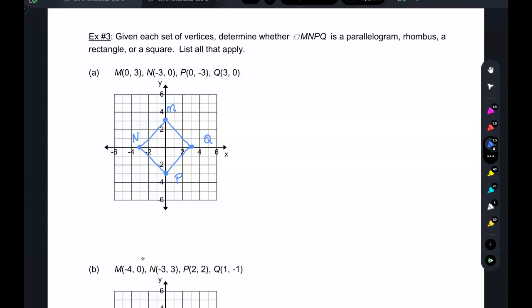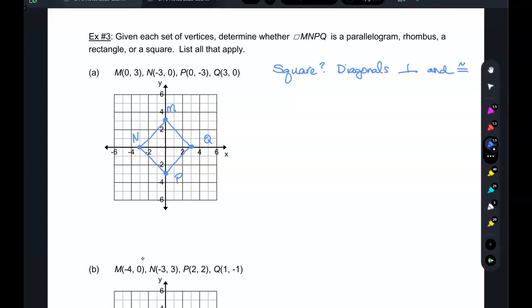If it's a square, there are two things that have to be true. The diagonals would have to be perpendicular and congruent. Why? If the diagonals are perpendicular, that makes it a rhombus. And if the diagonals are congruent, that makes it a rectangle. So if both of those are true, then it has to be a square.